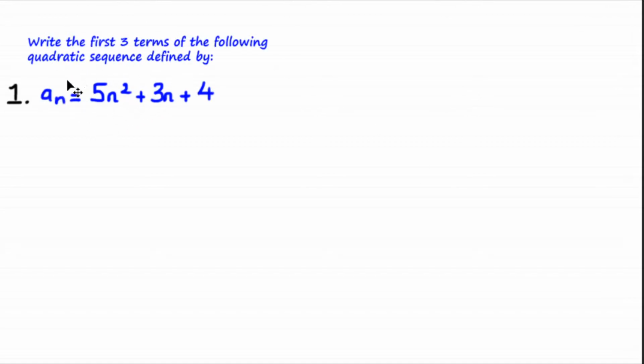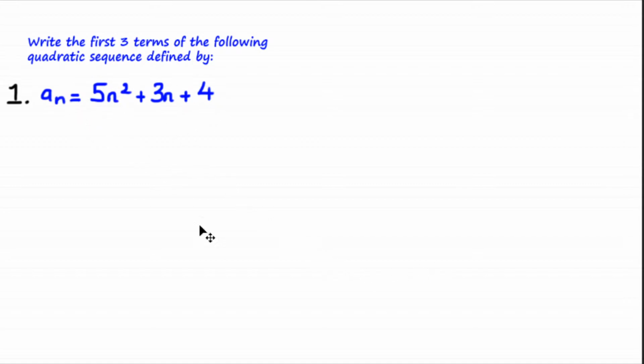All right, so given the nth term of a quadratic sequence, the nth term which we defined in the previous live is simply a special formula which tells you the value of a term in your sequence at a particular position n. Given this formula we can actually write out terms.